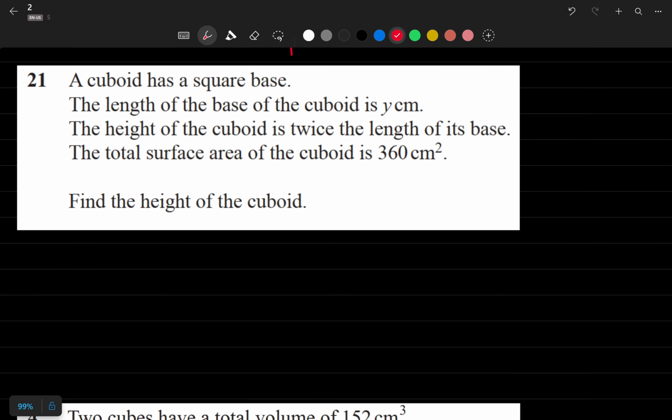Moving on, a cuboid has a square base. The length of the base of the cuboid is y centimeters. Let's make a cuboid over here. Okay, so this is length, this is y. The height of the cuboid is twice... I made this wrong.